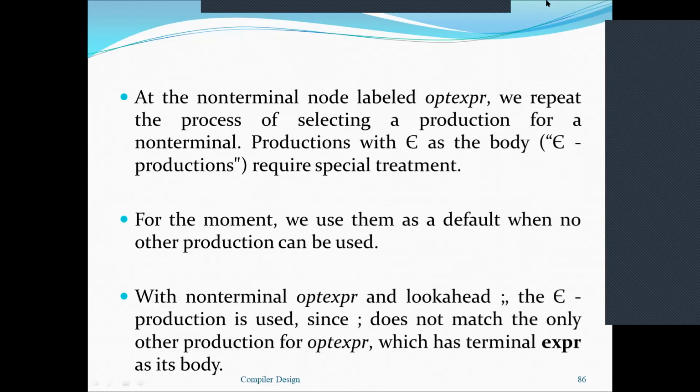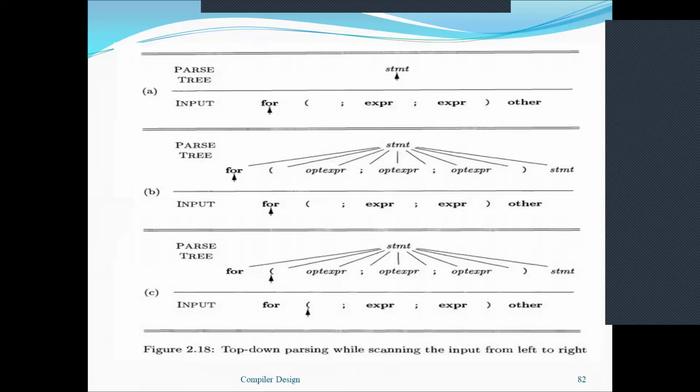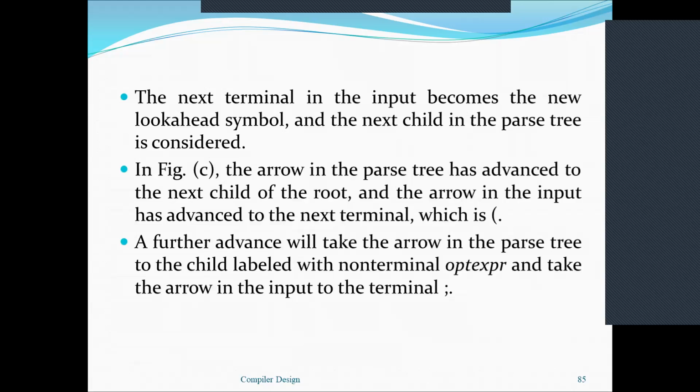With non-terminal opt expression, which is a non-terminal because it is user defined, and the look ahead semicolon, the empty production is used since semicolon does not match any other production for opt expression, which has terminal expression as its body. As you will see, we have given a null value, meaning there is no opt expression here. So because there is no opt expression, we can give a null child, or you can leave an empty child for this. That is what a null expression is.